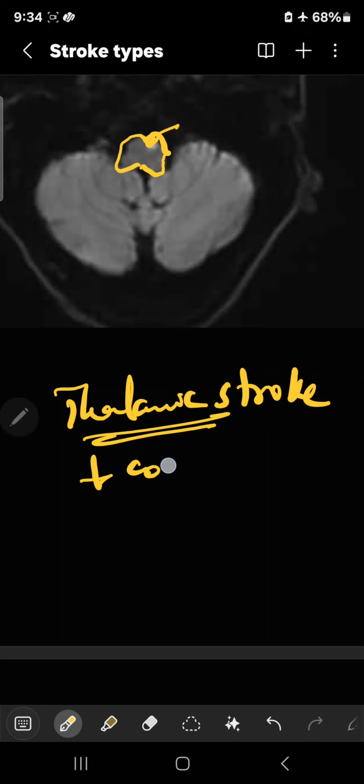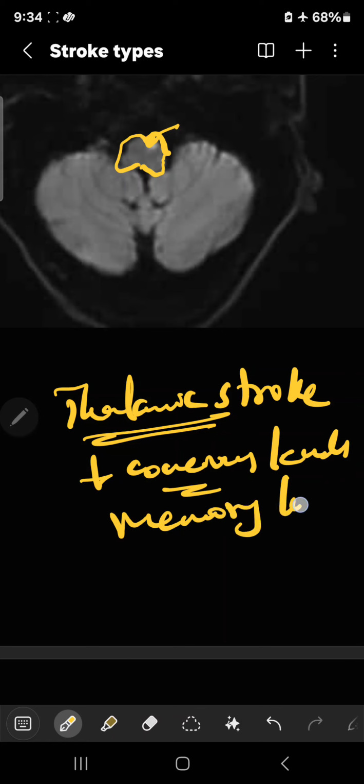And the last one is thalamic stroke. Whenever the patient has a thalamic stroke, number one, the patient will have decreased conscious levels and memory loss.